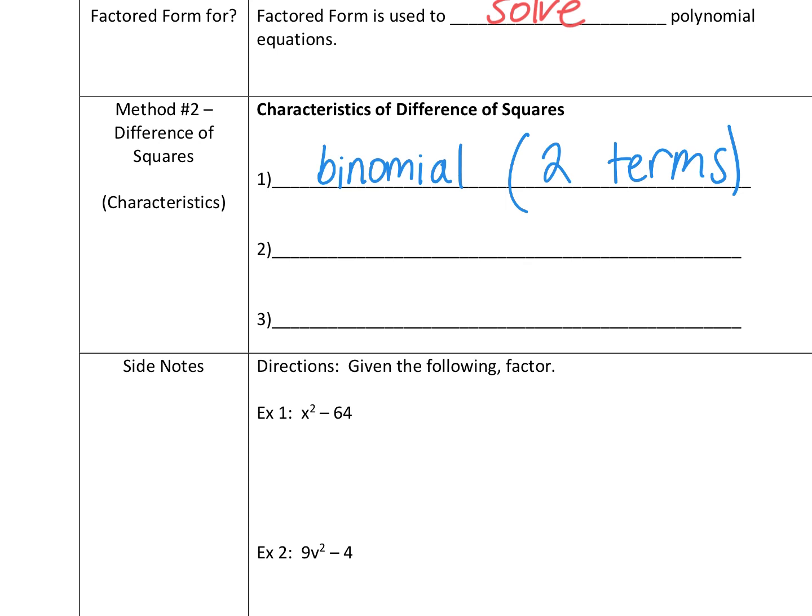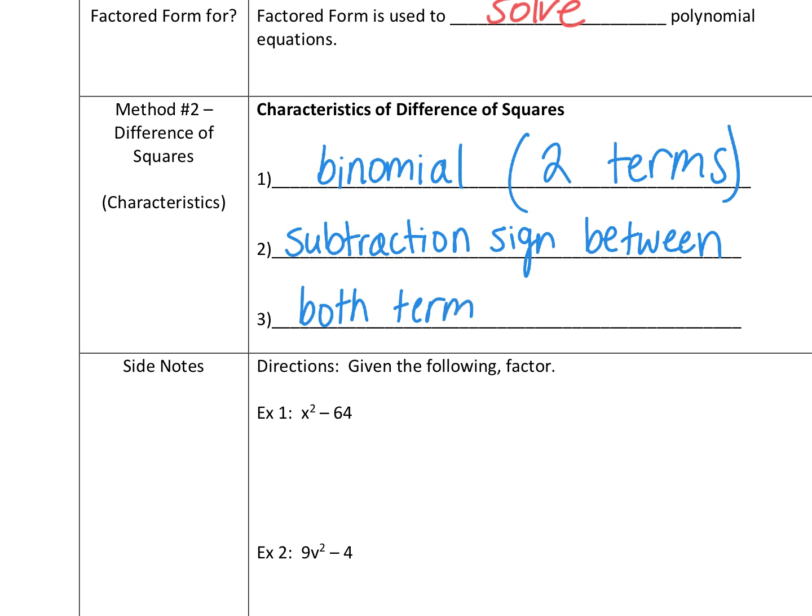The second one is we need a subtraction sign between them. We cannot do this with addition. We have to have a subtraction sign between both terms. And then last but not least, we need both terms to be perfect squares. If they're not perfect squares, this won't work.